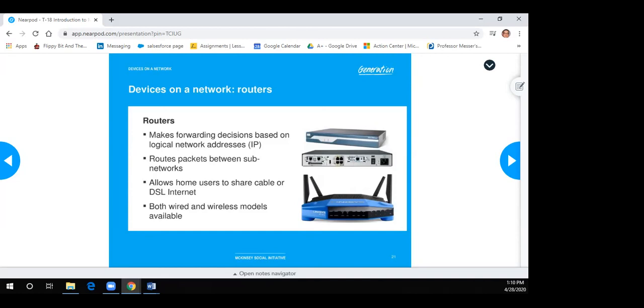It's the router that talks on your behalf, and it puts a port in place. In that port, it says who you are, and it holds you there while it sends the request out into the internet. It always comes back to the router. It already knows, because as soon as it comes back, it's going to come to a specific port on the router. That port I already reserved for you, and it comes back down. That is its job, to be able to route all these packets that are going in and out of the building.